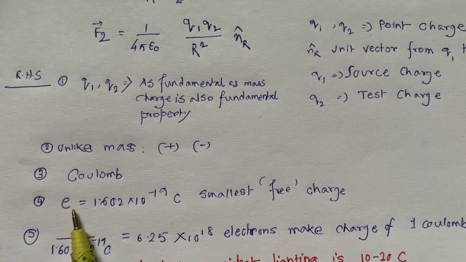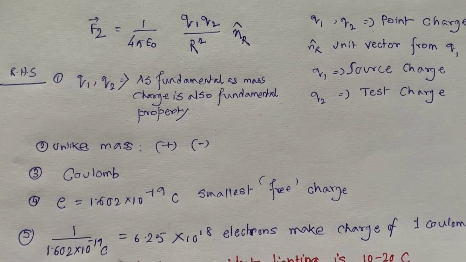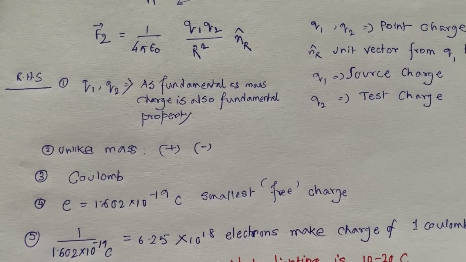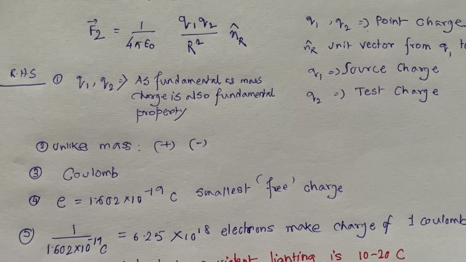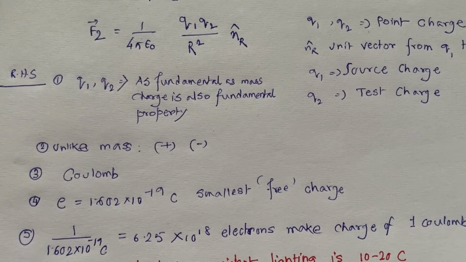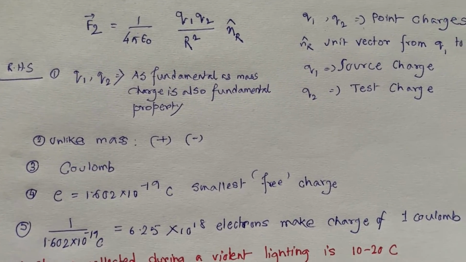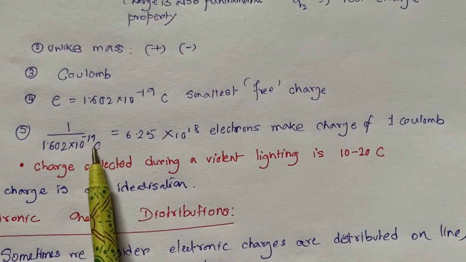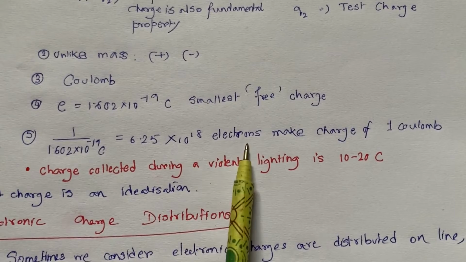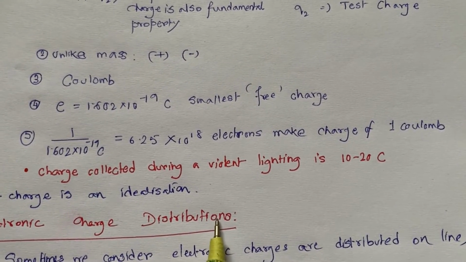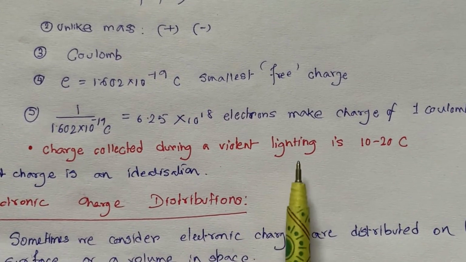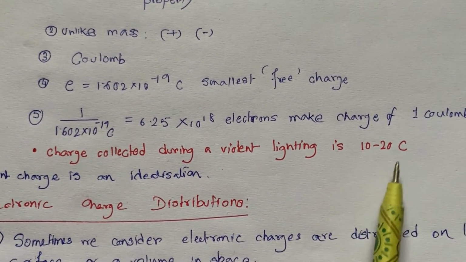Suppose I have an object which has 10 times the charge of an electron, then for that object I need to write its charge as 10e, and likewise 20e, 30e, etc. To make 1 Coulomb I need 6.25 into 10 to the power 18 electrons, which is a very big number, to have just 1 Coulomb of charge. And during a lightning we are able to collect only 10 to 20 Coulomb.